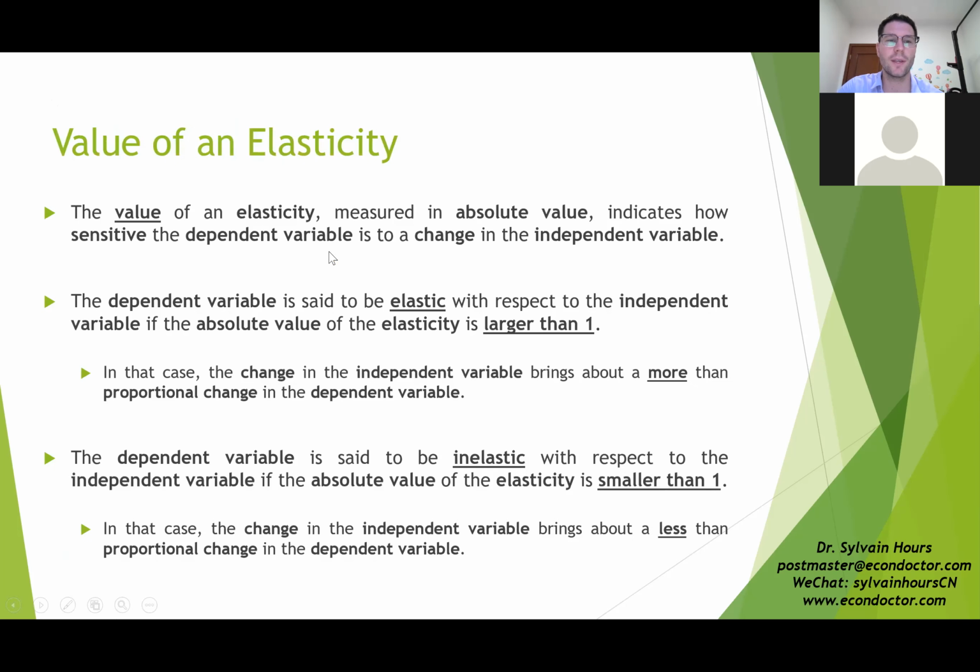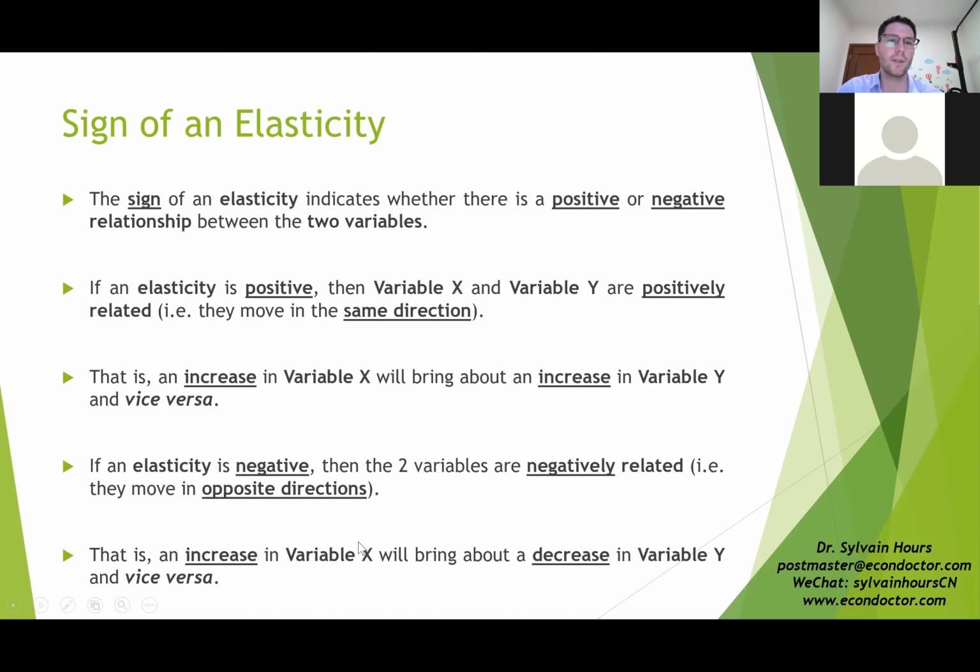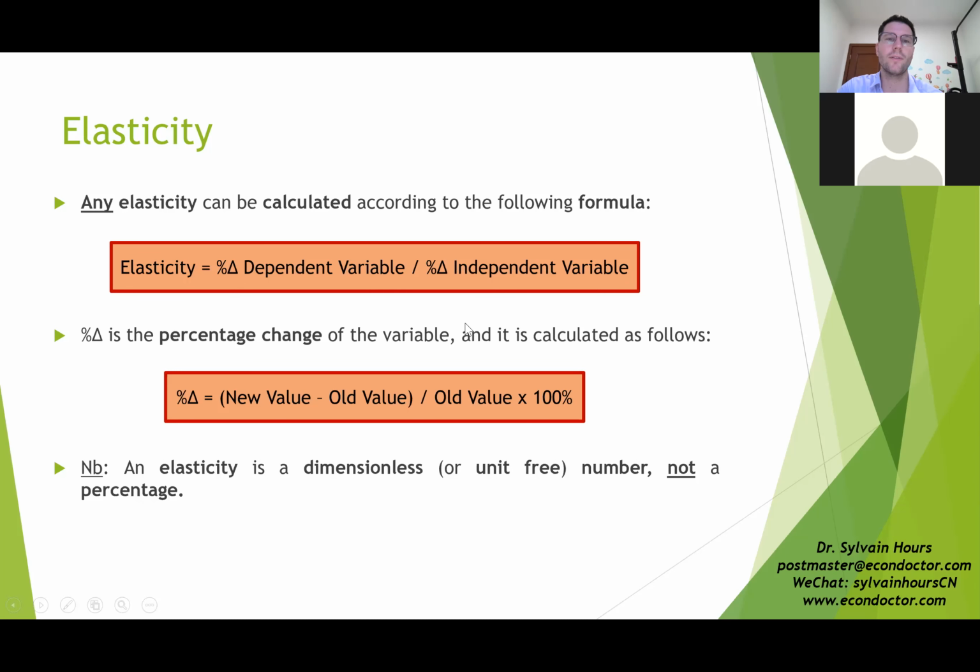However, we can have the other case. If you end up with an elasticity, again measured in absolute value, which is smaller than 1, this means that the denominator is greater than the numerator. For example, if you change the independent variable by 20%, perhaps the dependent variable is only going to change by 10%.